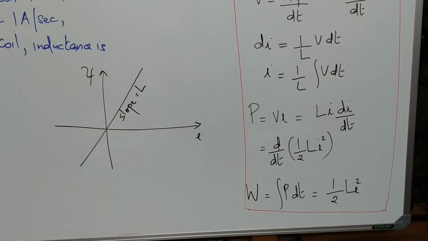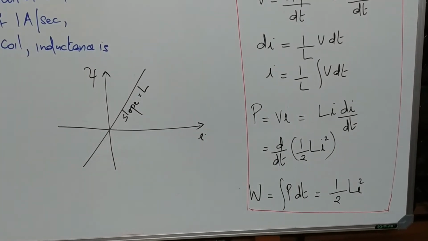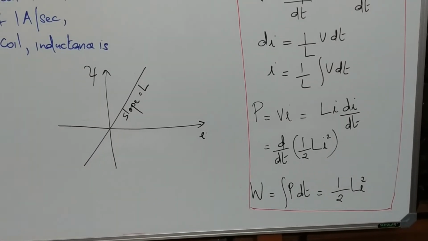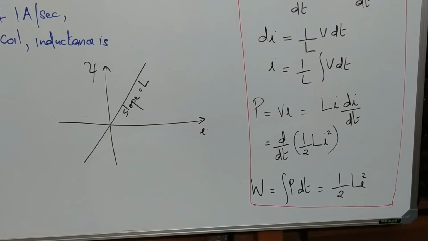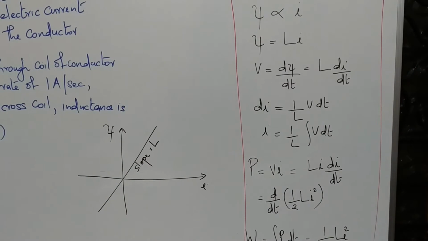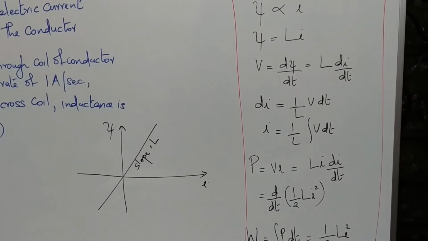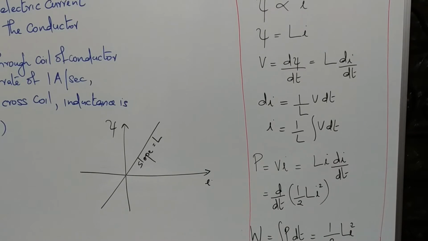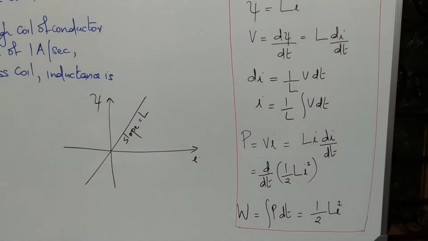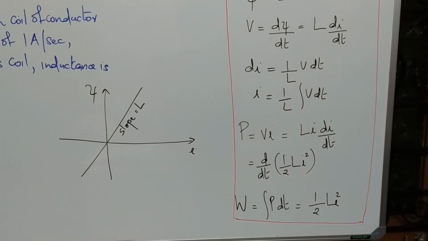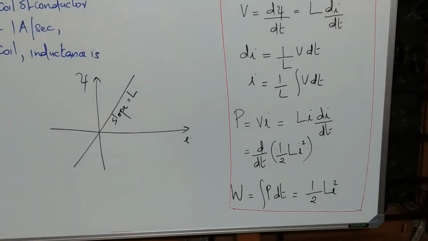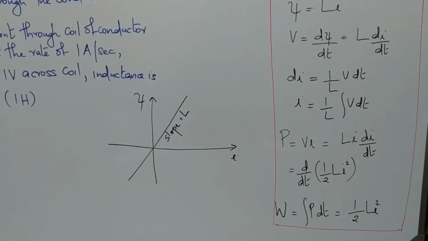Similar to what we have done in the capacitance case, we are rearranging it and writing the power as d by dt of half Li squared. So the energy stored in the inductor is half Li squared. So the basic equations for inductance to be memorized are psi equal to Li, voltage induced across inductor L into di by dt, current 1 by L integral V dt, power Li di by dt, and energy half Li squared.